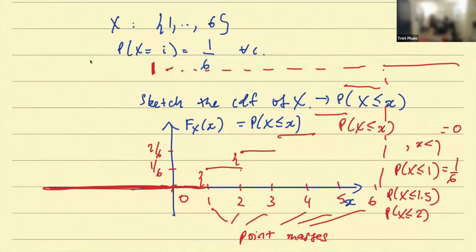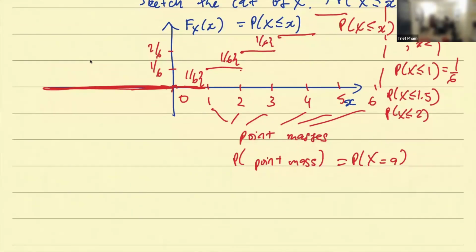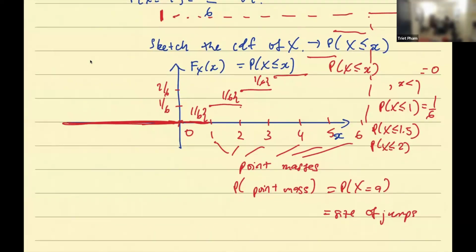The jump will be the probability of the point mass. You understand? In between it is constant because it has no density there. It just has pure point mass.